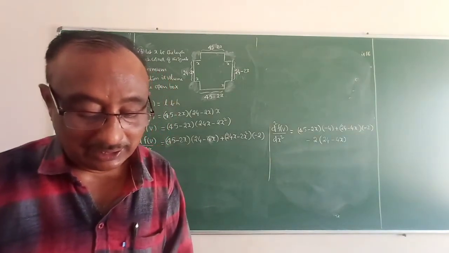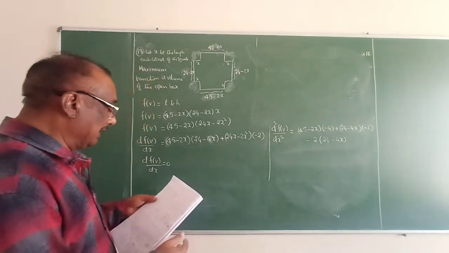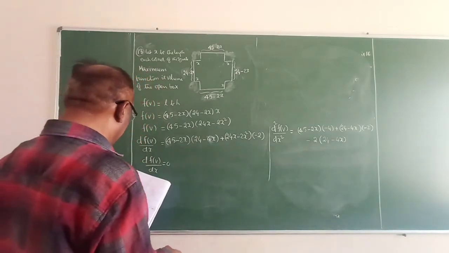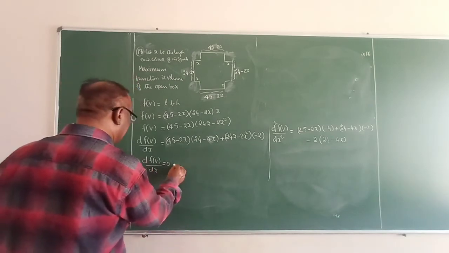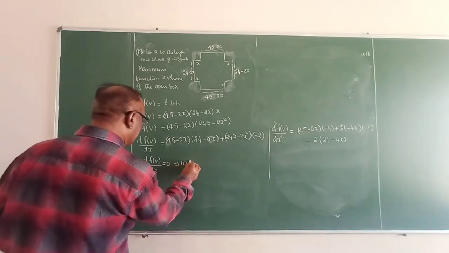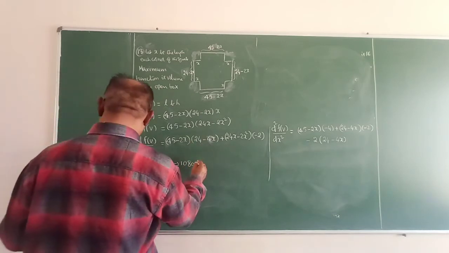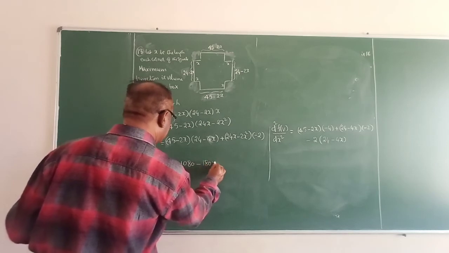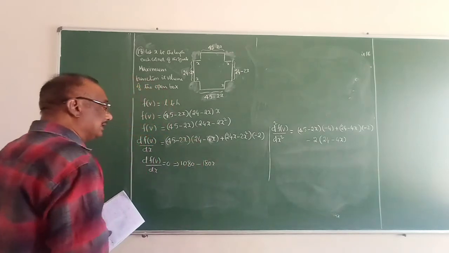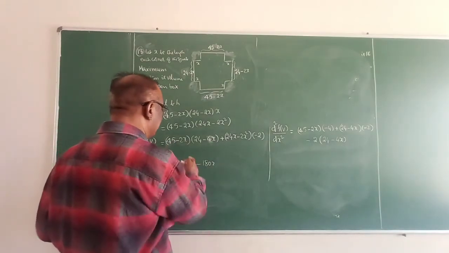Multiply and find the x values. 45 into 24 is 1080. Then minus 180x, since 45 into 4x is 180x.